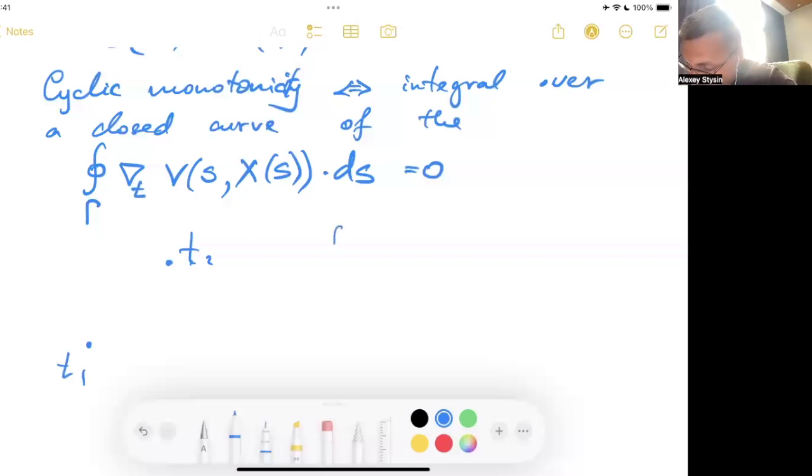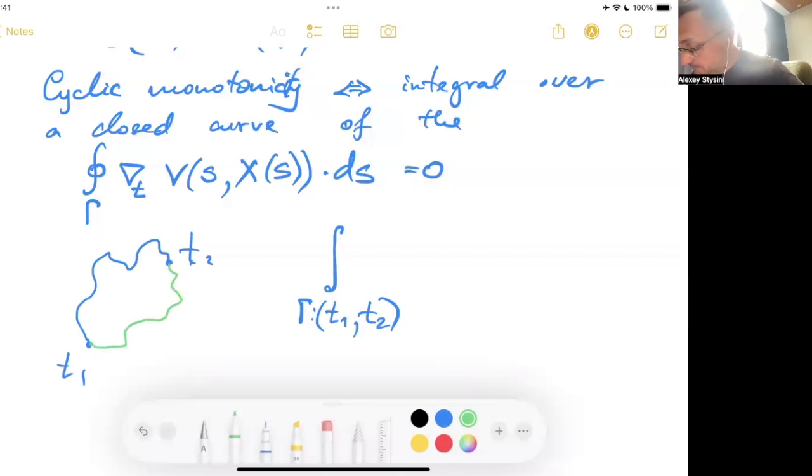So this is going to say that the integral over some curve that starts at t1 and ends at t2, maybe like this, and the other one maybe like this, this goes this way, and this goes this way, equals the integral of the green one, from t1 to t2, some other gamma prime.